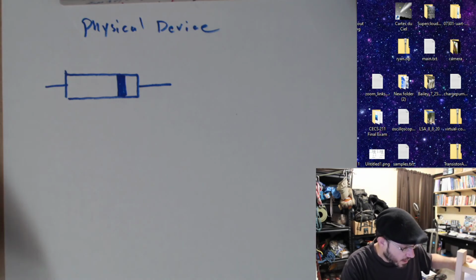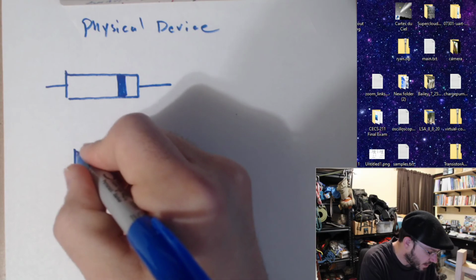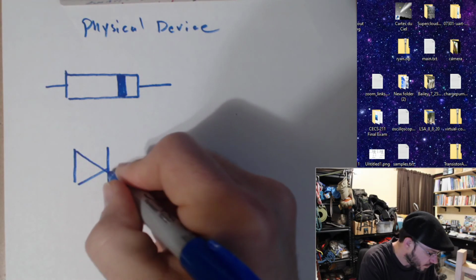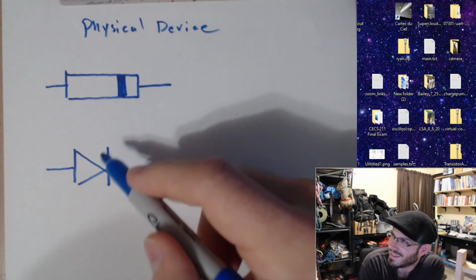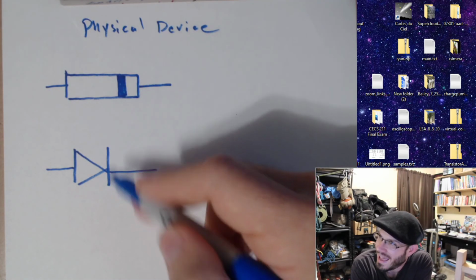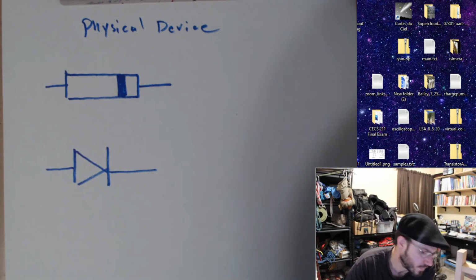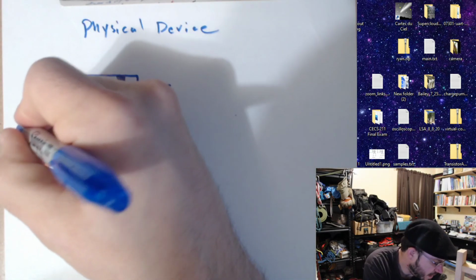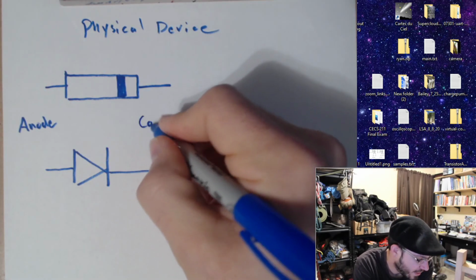And now, if I want to compare to the schematic symbol, notice that that stripe is on the same side as the flat part at the end of this arrow-looking symbol. Okay? This side will be the anode, and this side will be the cathode.